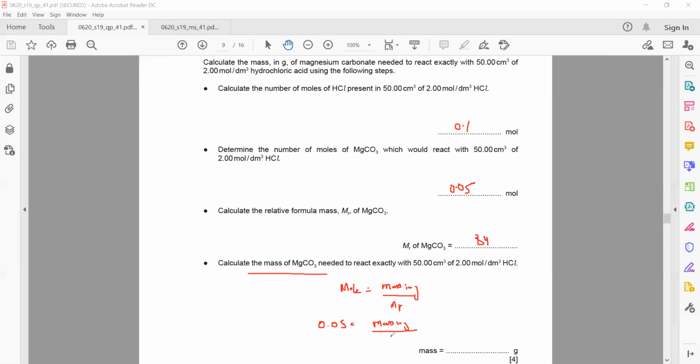And molar mass, relative molecular mass or formula mass is equal to 84. So 84 multiplied by 0.05. What's the mass in gram? That is equal to 4.2. So we will get 4.2 grams of magnesium carbonate.